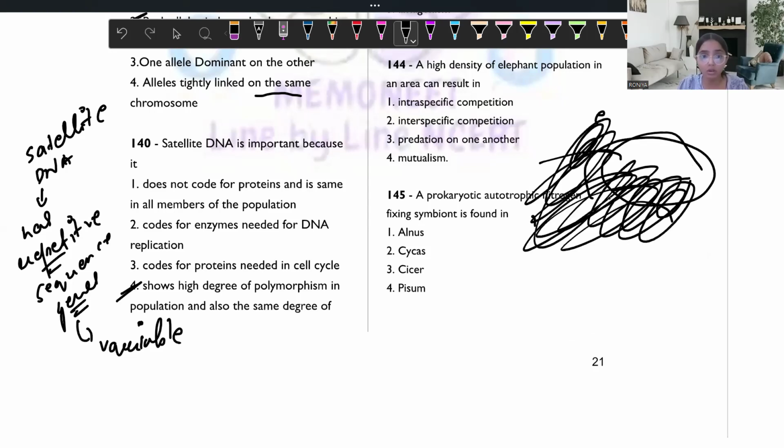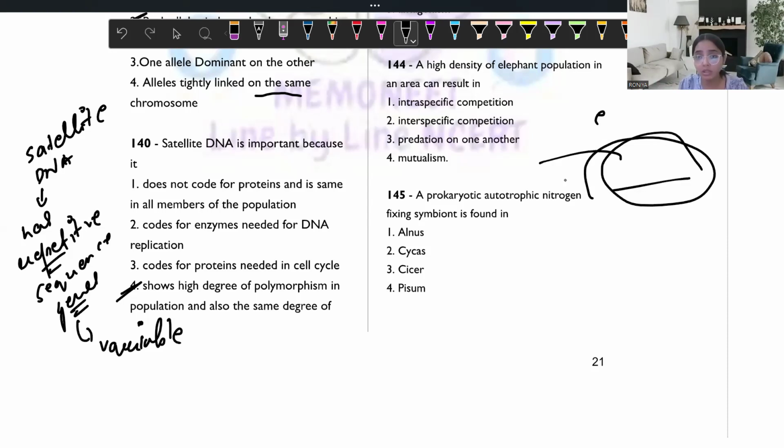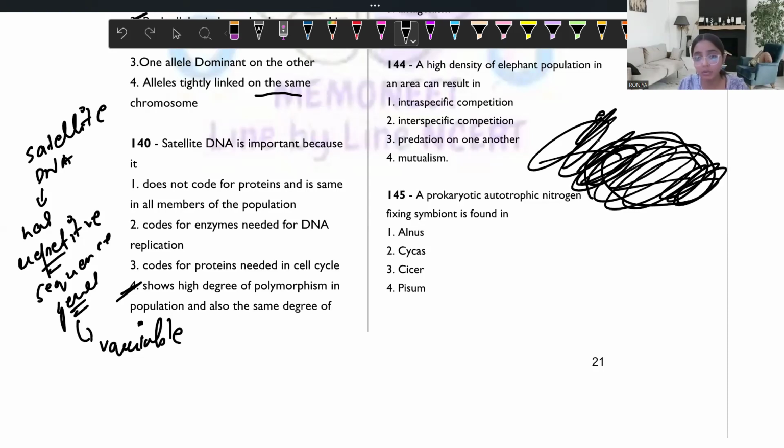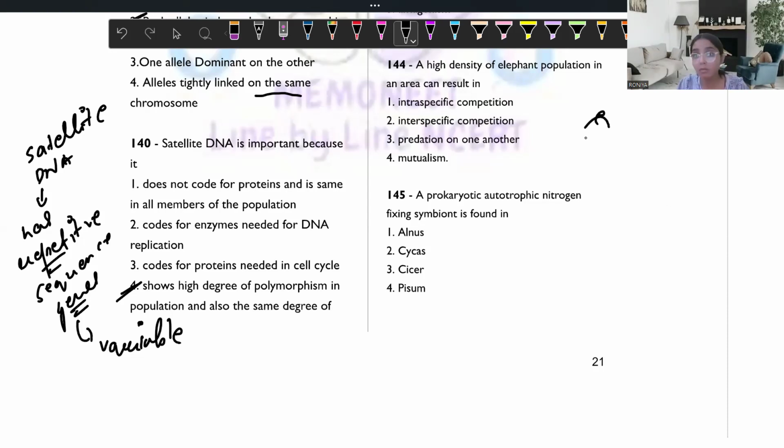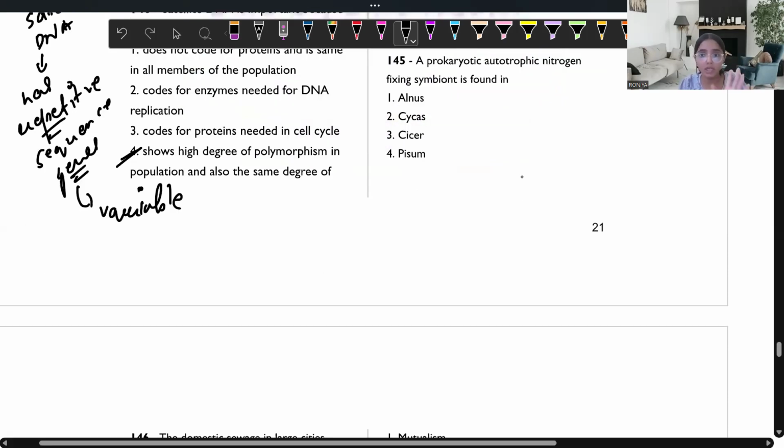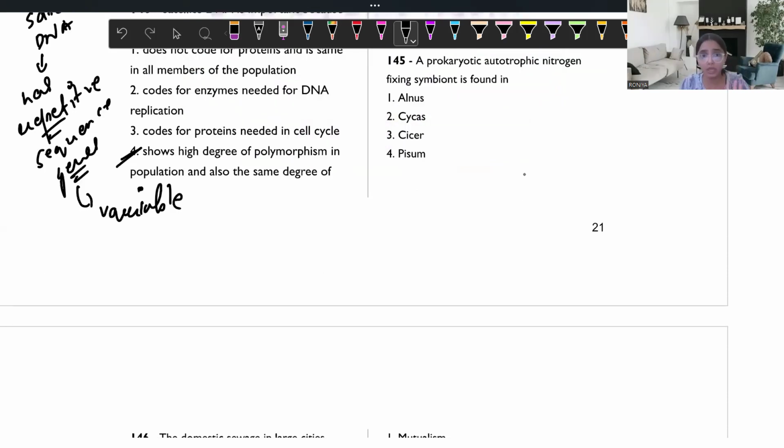Okay, and this particular nature of satellite DNA, where it is repeated a variable number of times in different organisms, is known as polymorphism. So what is polymorphism? Polymorphism refers to a variable number of repeats of satellite DNA in different organisms of different populations. Every organism has a different number of repeats of satellite DNA which is unique to that organism, and this is known as polymorphism.